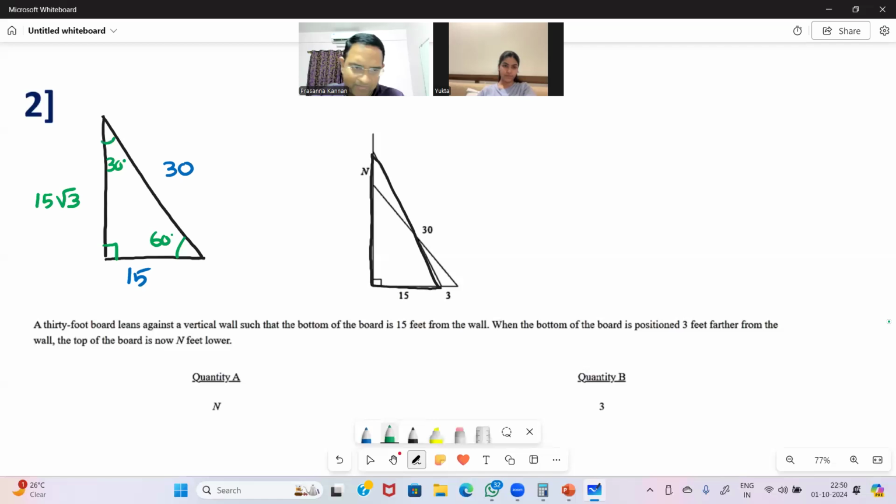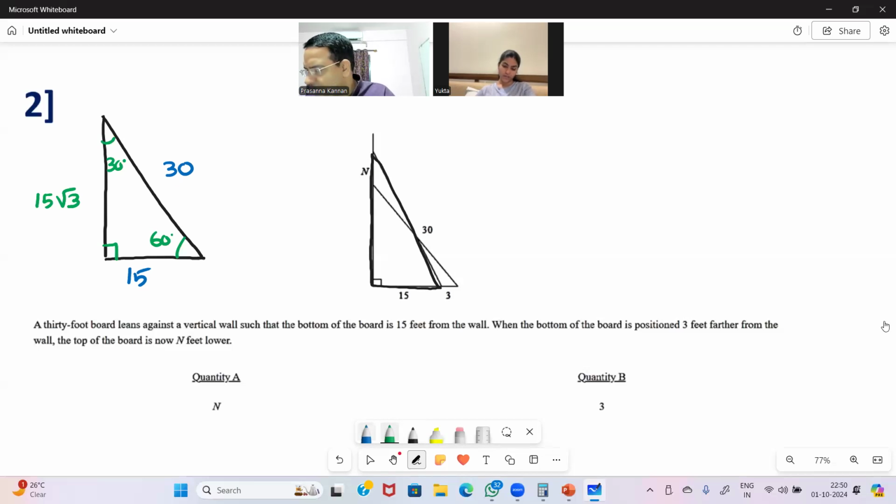One other way is to use trigonometric ratios. Cos 60 is 15 by 30, that is 1 by 2, so you get this angle as 60. But you anyway know this ratio 1:2:root 3. So you know the height. This height is 15 root 3, correct?